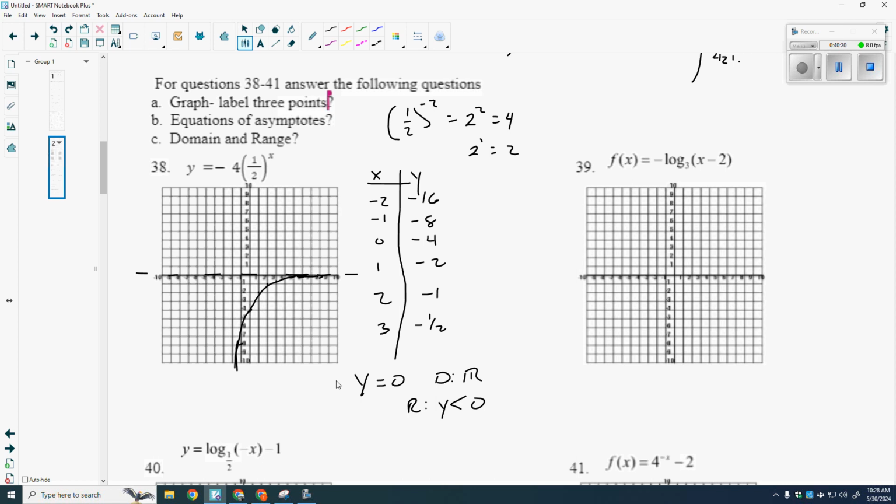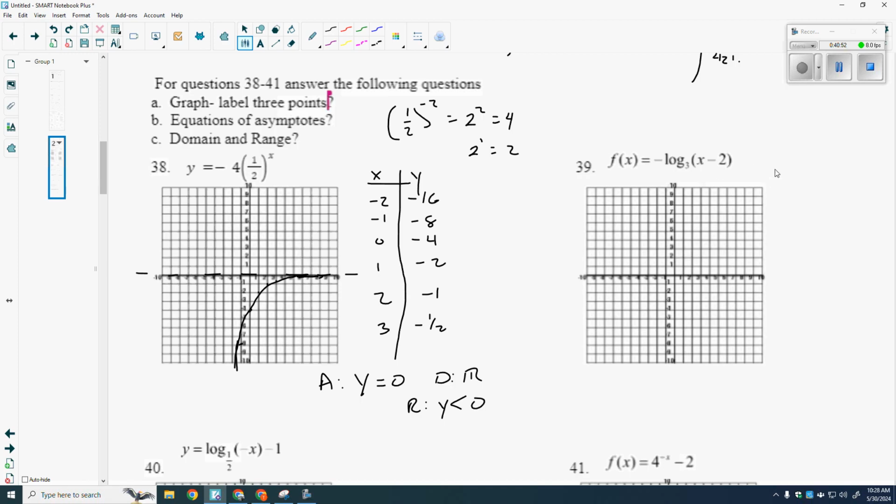Y equals 0 is my asymptote. Y is less than 0 is my range. Domain, all real numbers. Remember, these go together in an exponential function, the range and the asymptote. In a logarithm function, the domain and the asymptote go together because they're x values.